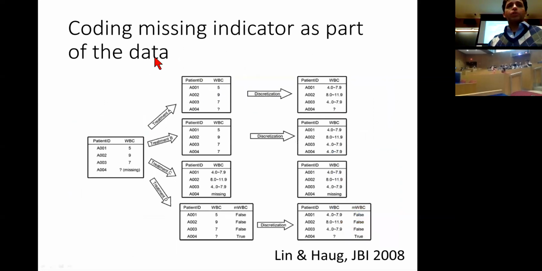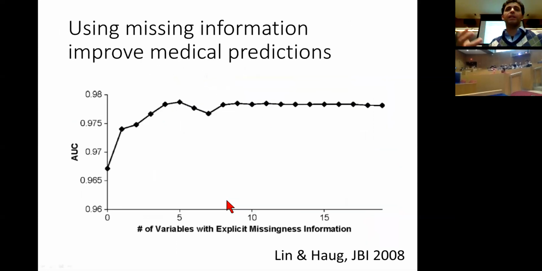So then the key idea is to code the missing indicator as part of your model. You could have the missing indicator as part of your data itself, or you could simply have it as a latent variable within the model. And here you can see that, when you look at overall prediction of medical prescriptions, for example, you can see how many variables do I include missing this information for.